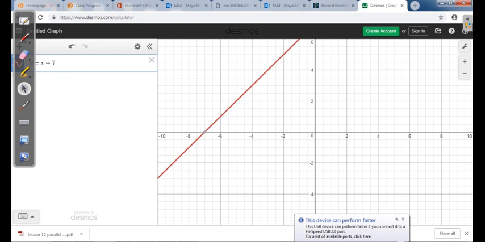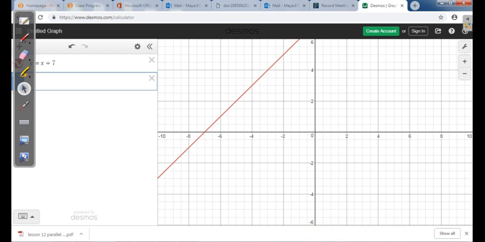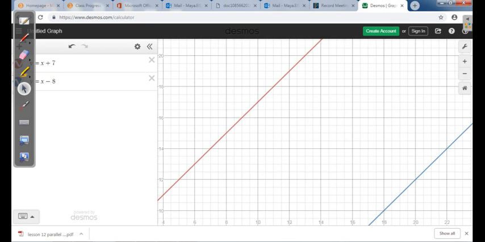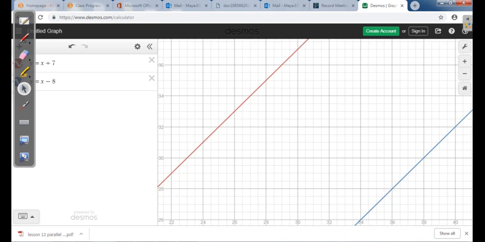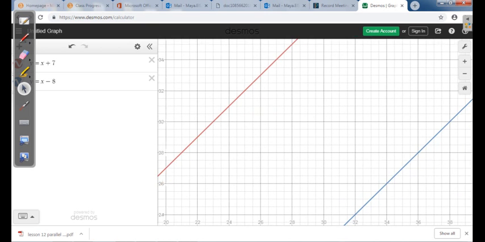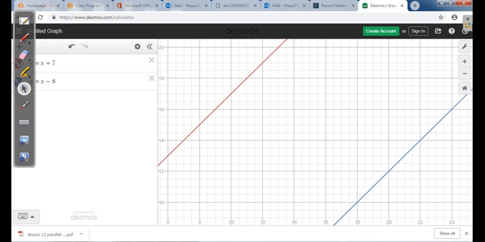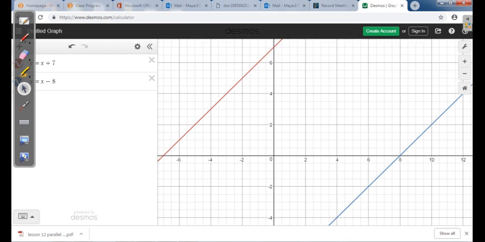Are you guys paying attention to this? So, Nancy, you gave me y equals x minus 8. Look at these two lines. No matter how high I go, they look like the railway track, the train track. No matter how far I go, they're never going to touch. They're parallel to each other.